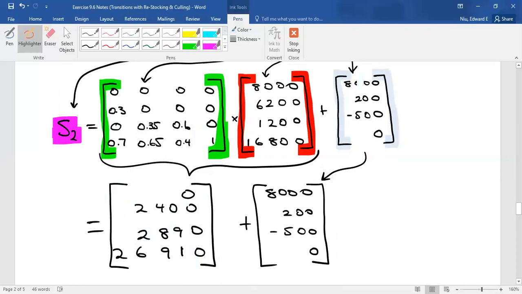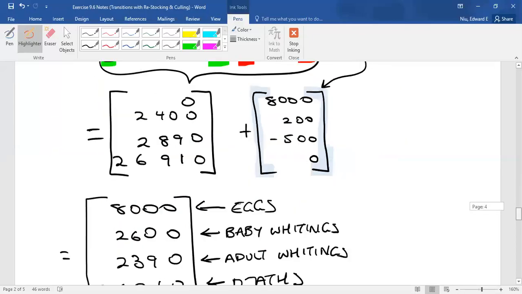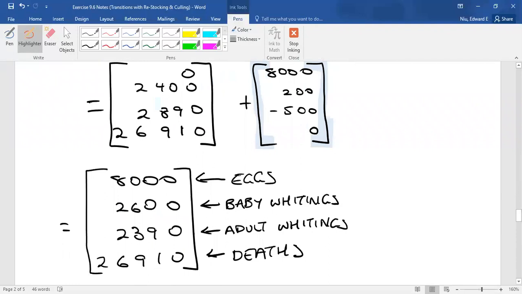Once you've got this matrix, you drag down the baby blue one, which is the changes the company is going to make at the end of each year. And so do some simple arithmetic: 8,000 plus 0, 2,400 plus 200, 2,890 take away 500, 26,910 plus 0. What you get is this matrix down below. So here we have, after 2 years, 8,000 eggs, 2,600 baby whitings, 2,390 adult whitings, and 26,910 deaths.